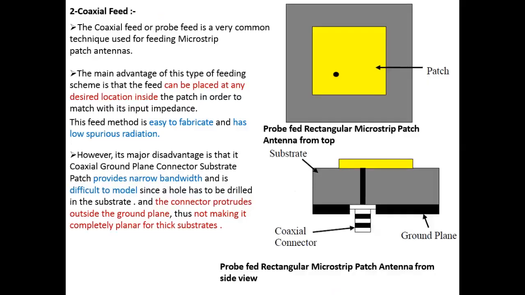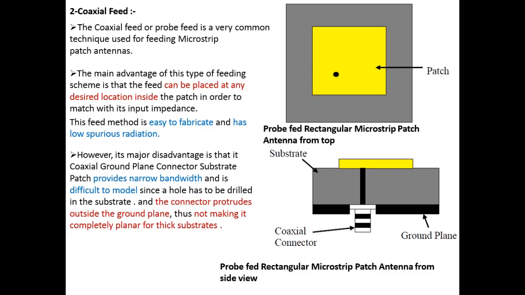Next, coaxial feed. The coaxial feed or probe feed is a very common technique used for feeding microstrip patch antenna. The main advantage of this type of feeding scheme is that the feed can be placed at any desired location inside the patch in order to match with its input impedance. This feed method is easy to fabricate and has low spurious radiation.